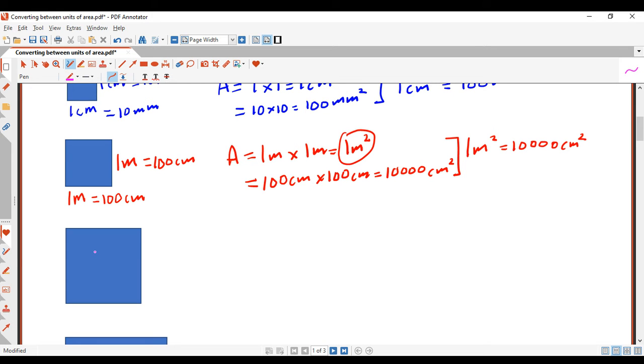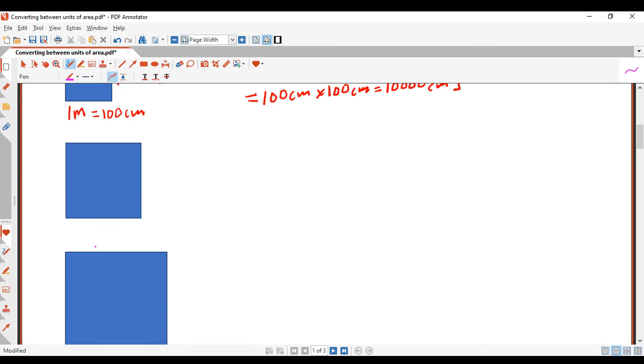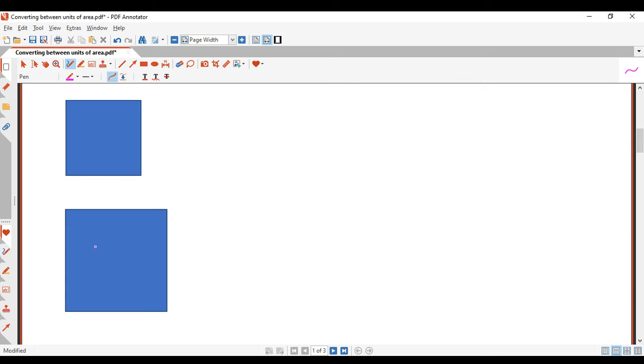Now, because kilometres is bigger, I'm going to do the bigger square down here. So let's just jump down to here. This is not to scale, obviously. So this is a 1 kilometre square. It's 1 kilometre wide and 1 kilometre high. Now, a kilometre is 1,000 metres.